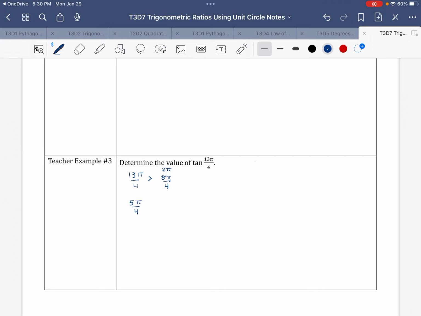And now I can think about where is 5 pi fourths on my unit circle. It's going to be right about here. And then both of my x and y values are going to be negative. And since it's a 45-degree or pi fourths reference angle here, I'm going to have negative root 2 over 2 and negative root 2 over 2, right?